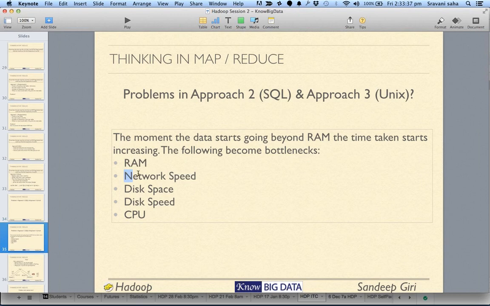But the network speed or disk speed will become the bottleneck, or the CPU. Why? Because it's a single computer. We are trying to solve this problem, and if the data is bigger, it will take a lot of time to sort on a single machine.